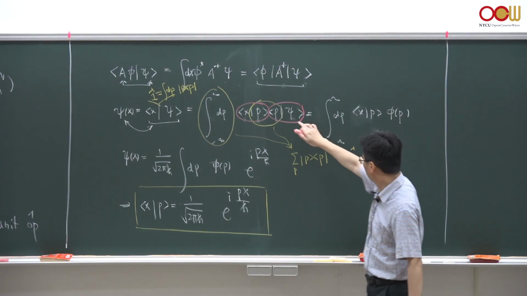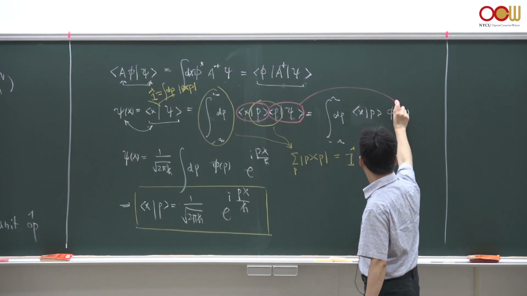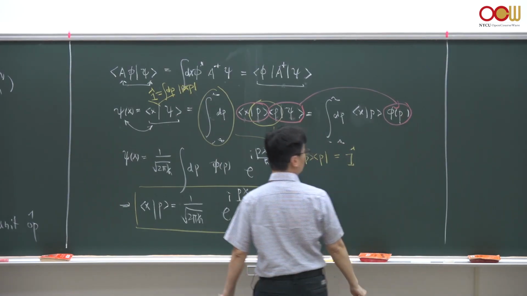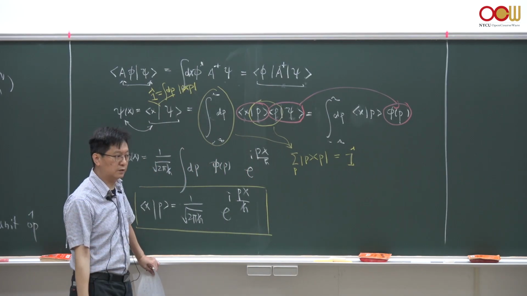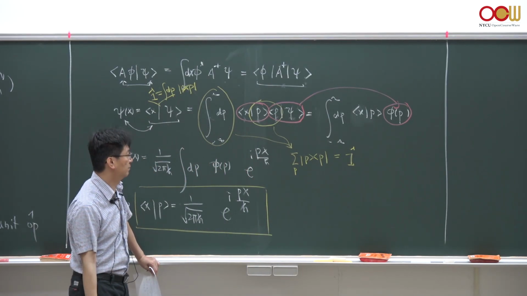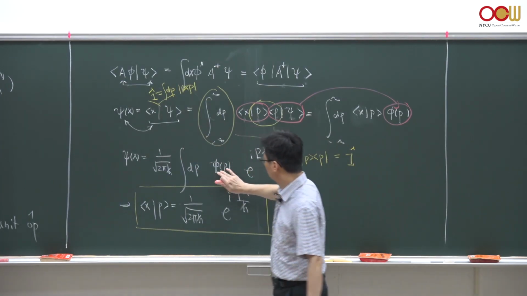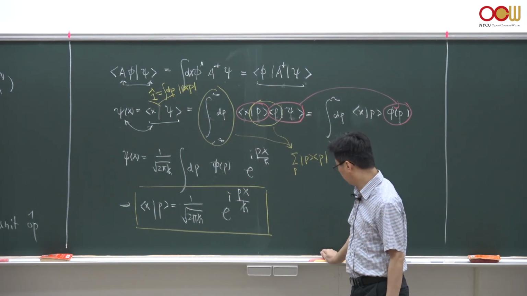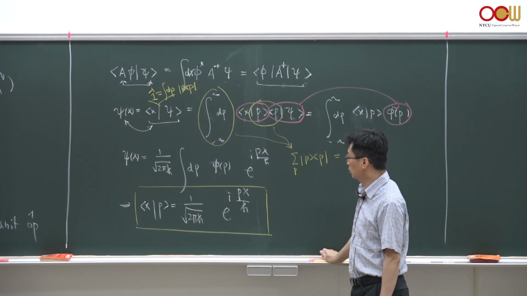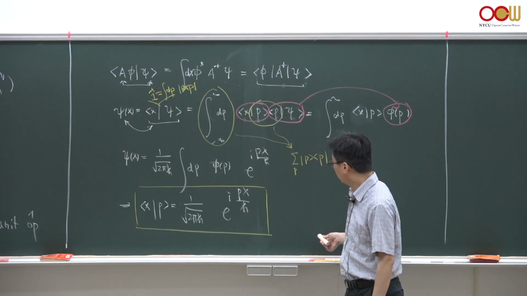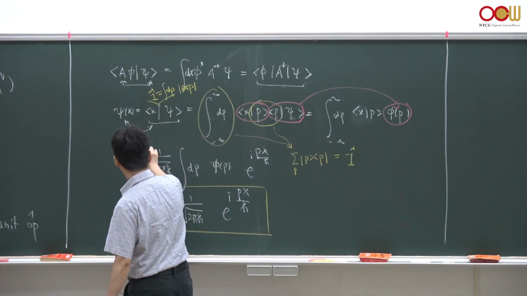By definition, this projection is precisely what we defined earlier as the momentum space wave function phi of p. Going back to chapters 1 and 2, we find the Fourier transformation between the real space Schrödinger wave function and the momentum space wave function, which is nothing but a Fourier transformation.